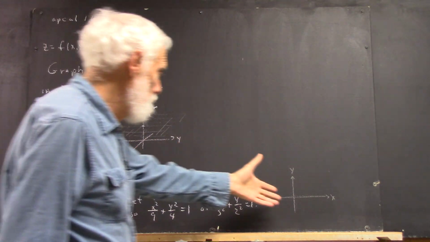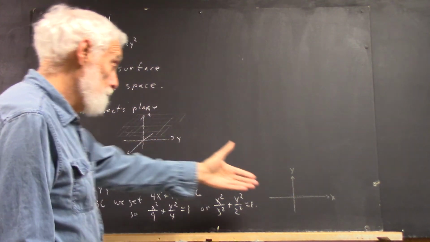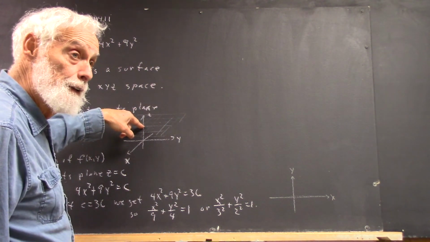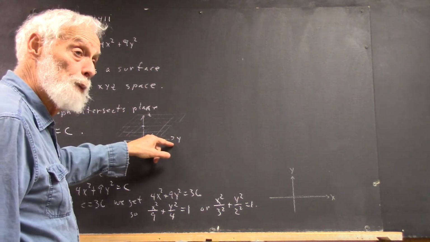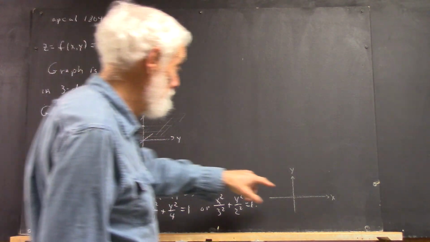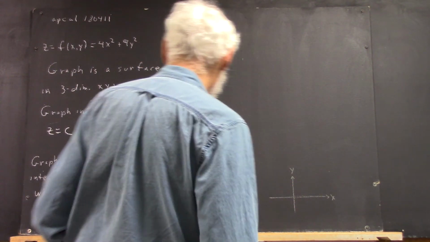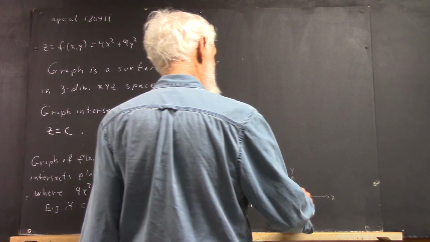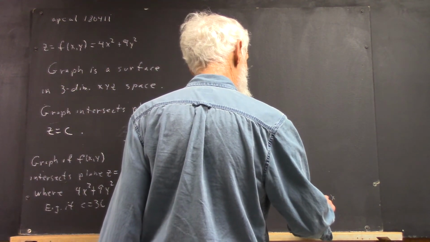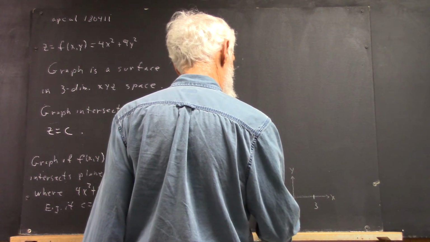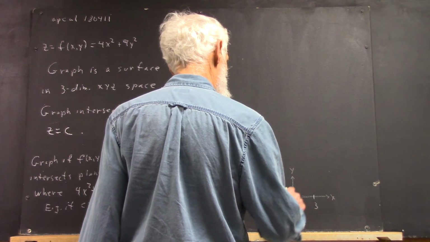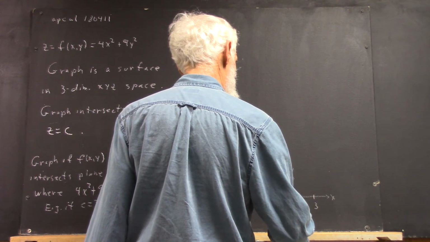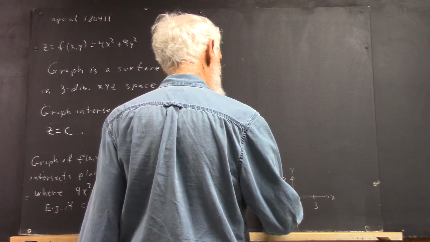And our graph within that plane is going to look like this, centered at the origin, so it'll be centered on the z-axis. Because the z-axis is where both x and y are 0, right? That'll correspond to the origin of this picture. Okay? And how do we draw this now? We go 3 units in this direction, and 3 units in this direction, 2 units in this direction, 2 units in this direction.